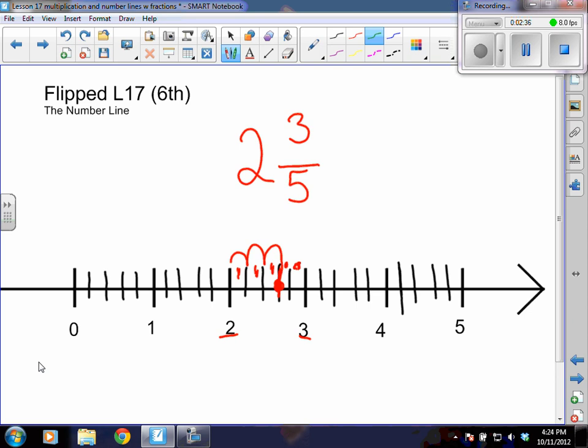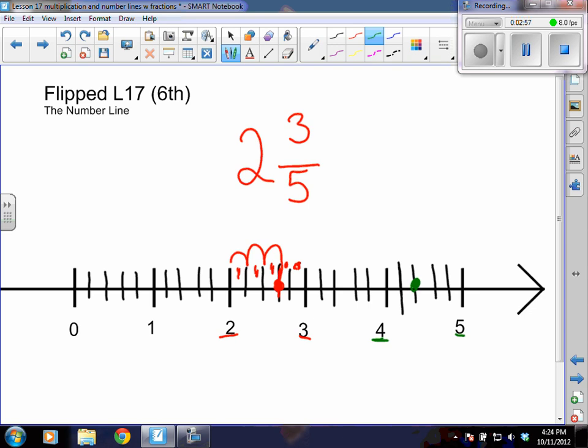Let's try another one to help us understand exactly what we're doing here. If we were to see a dot right here, once again we want to understand how we are going to write this number. In this case, once again, we're going to have a mixed number because it's between 4 and 5, so it's got to be greater than 4, but it has to be less than 5.